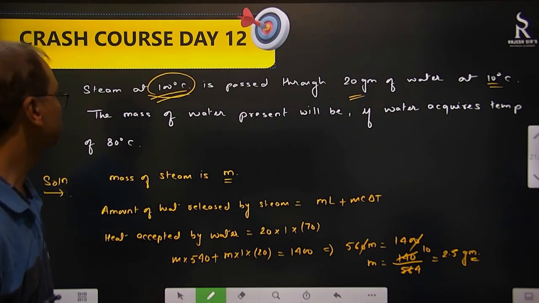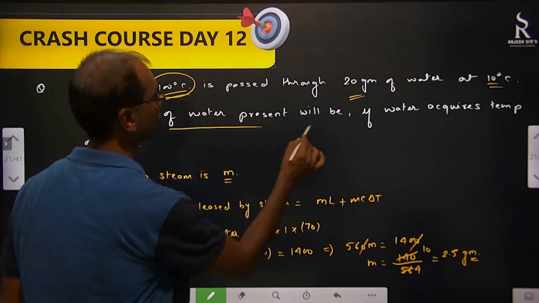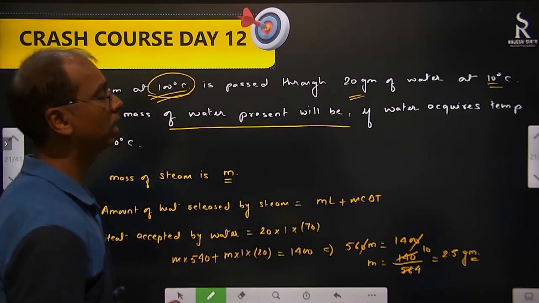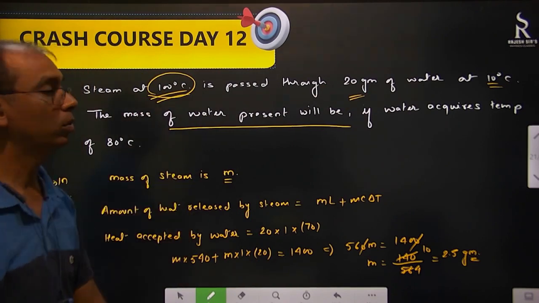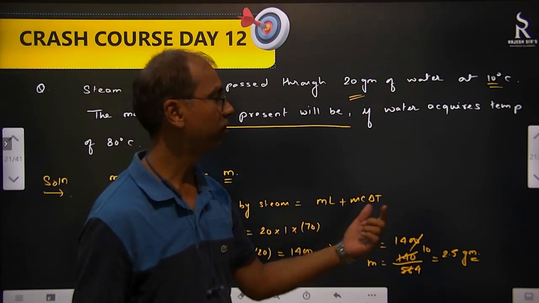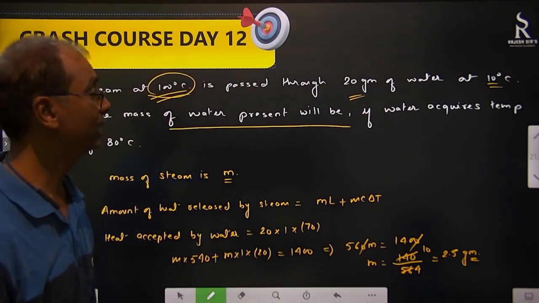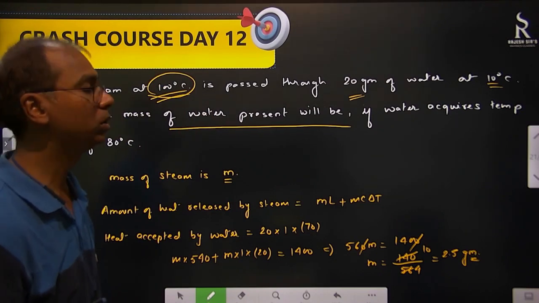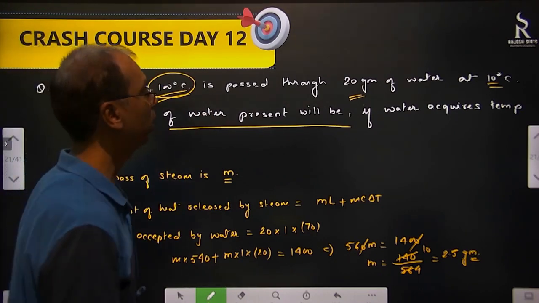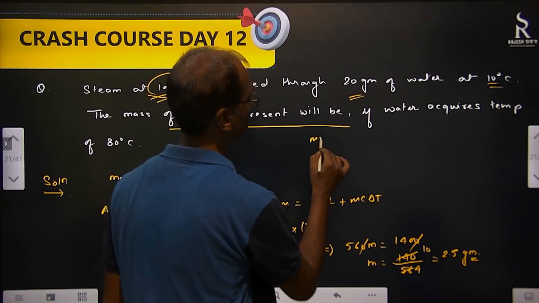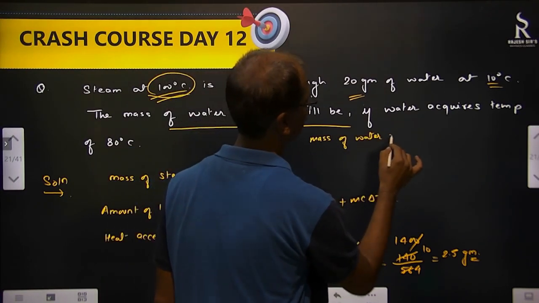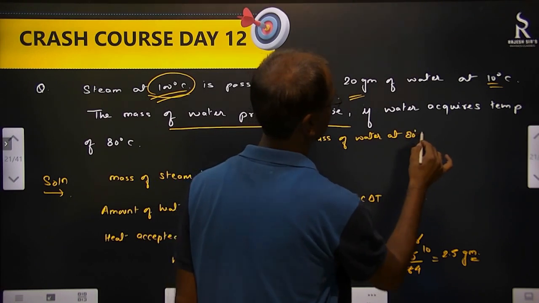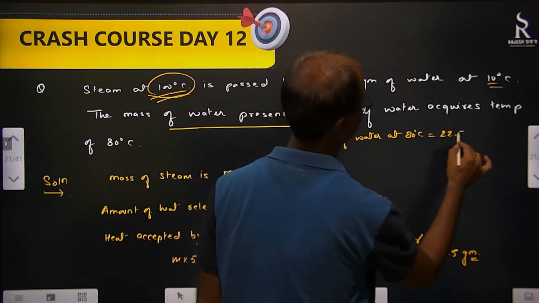No, he is asking mass of water. So mass of water, earlier mass of water was 20 and now this steam also converted into water. So how much steam was there? 2.5. So total mass of water at 80 degrees centigrade is 22.5. Okay, mass of water at 80 degrees centigrade is how much? 22.5 gram.